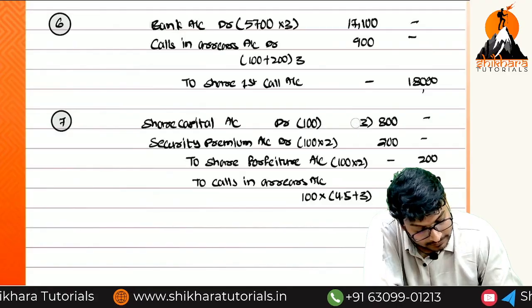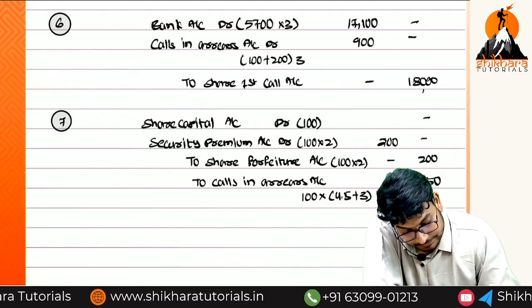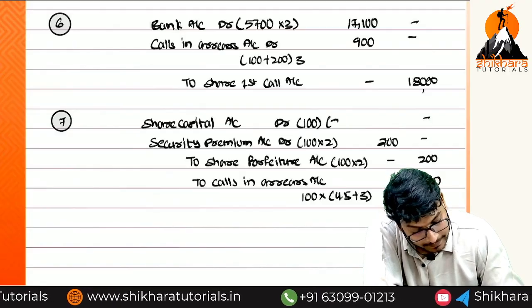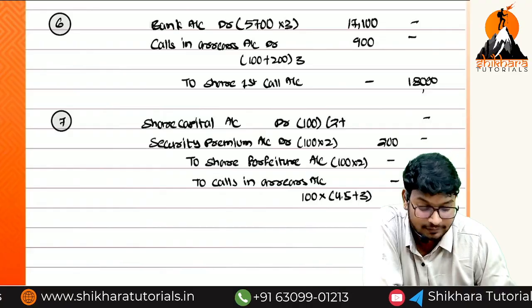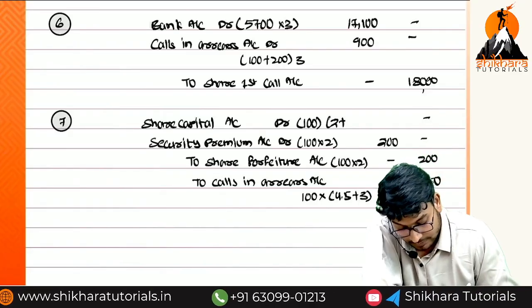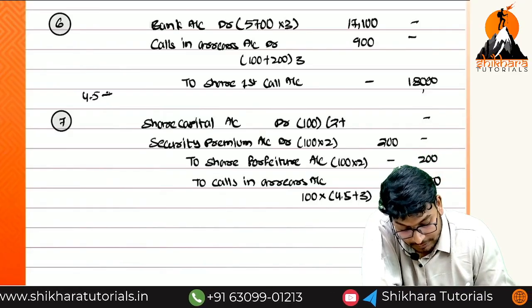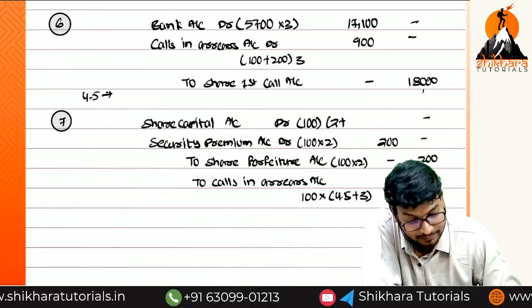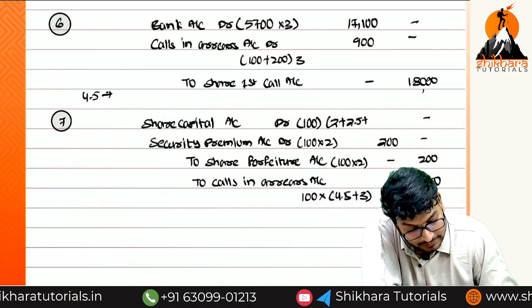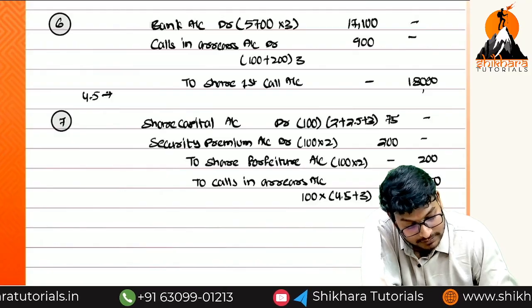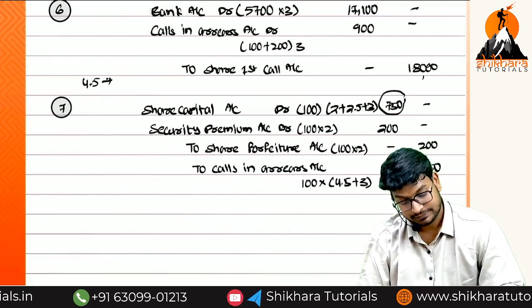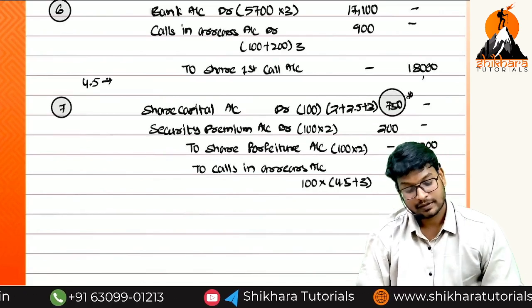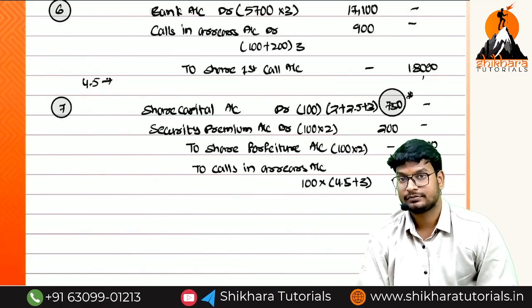See here, 2 rupees, and when coming to the 4.5, we cannot divide here. So out of 4.5, 2 rupees goes to the securities premium. What is the remaining amount? 2.5 plus 3. That is equal to 750. So this is important, because already 0.5 we have received.